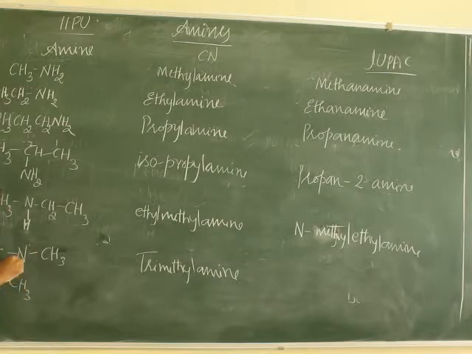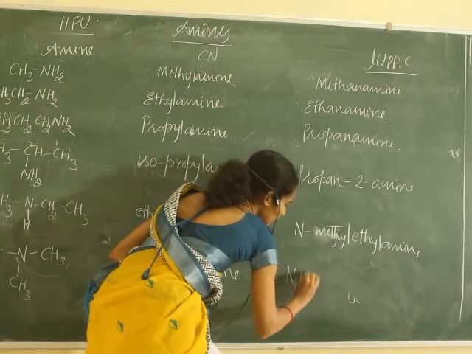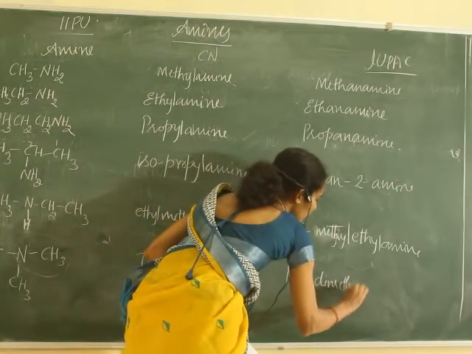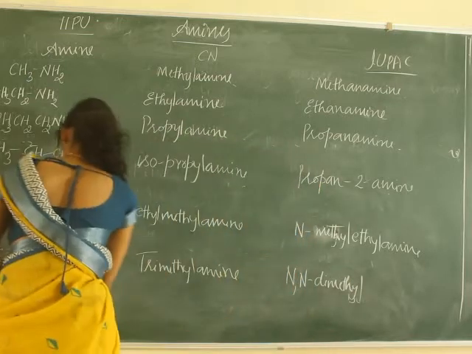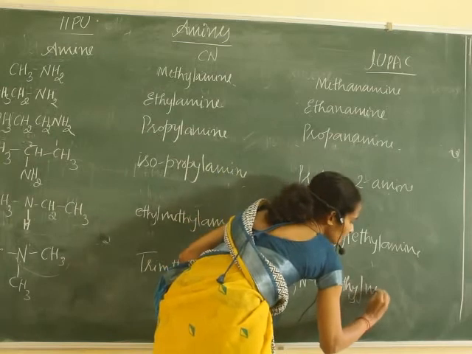Hence, N,N-dimethyl methenamine. Actually, if you consider this much, then it is methenamine, methane and amine. To this parent, two methyl groups are attached. Hence, the name of this compound is N,N-dimethyl methenamine.